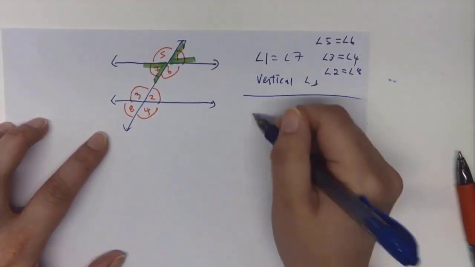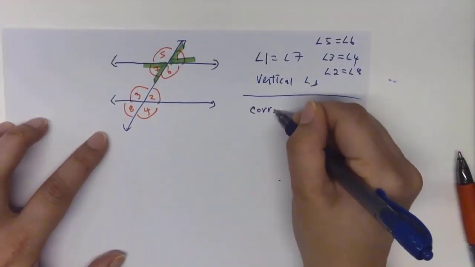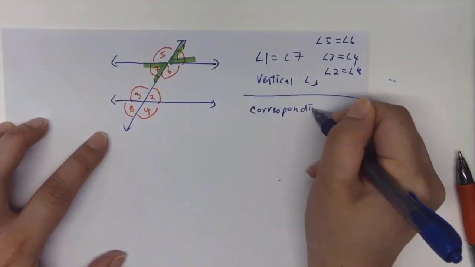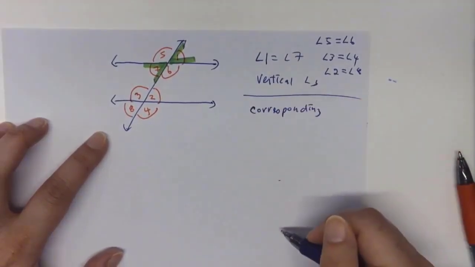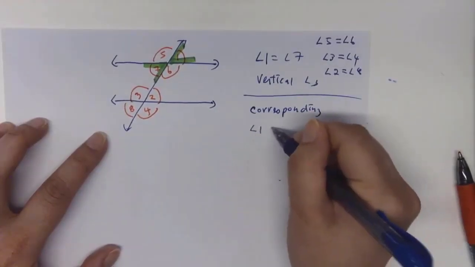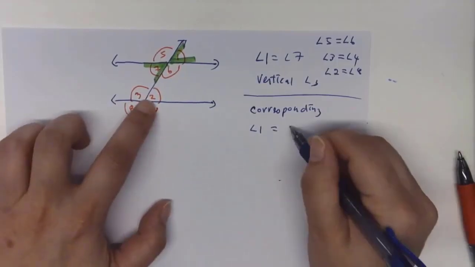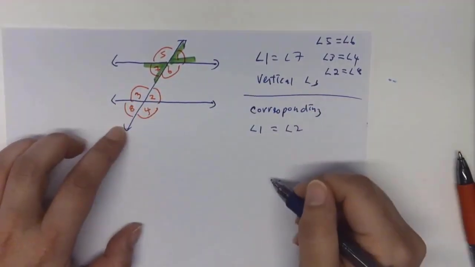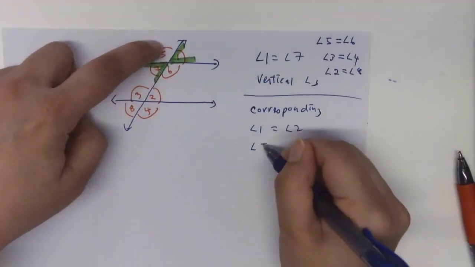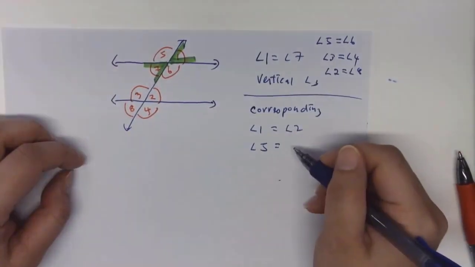All right. How about corresponding angles? Give me some, maybe 3 sets. Angle 1 with angle 2 is corresponding, okay? Angle 5 with what?